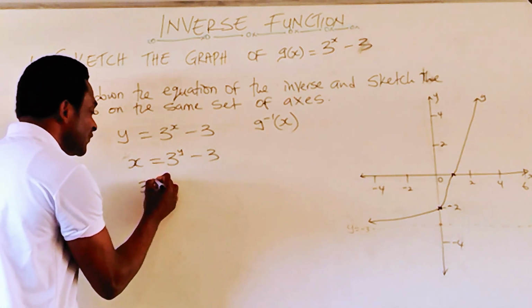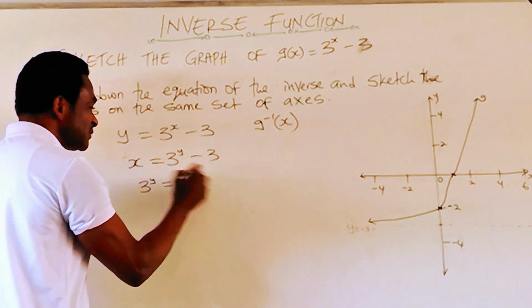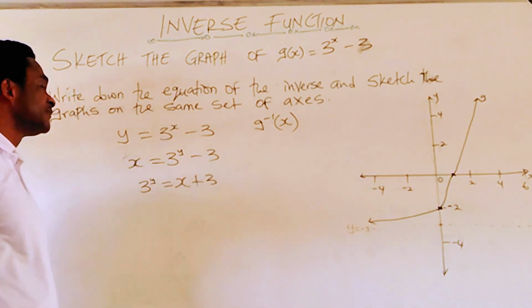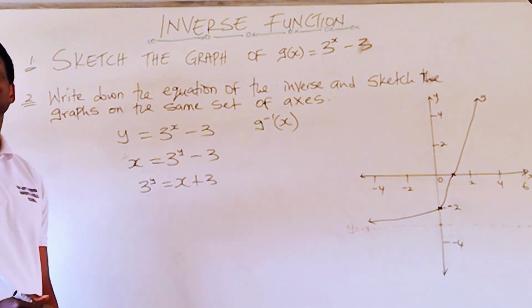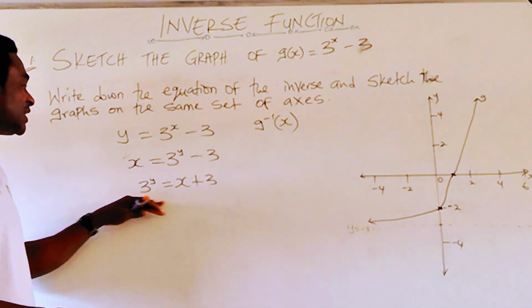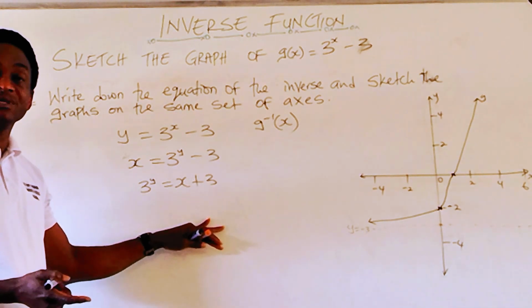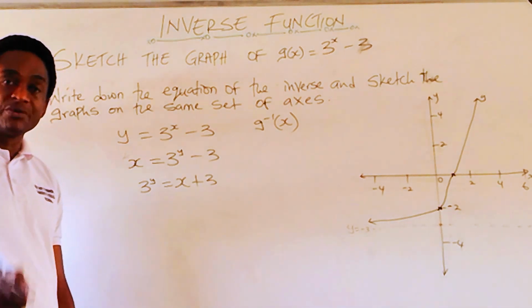So if we have 3 exponent y, we will have x plus 3 coming over. But we want y to be the subject of the formula, not 3 exponent y. So this is giving us an exponent which cannot be easily solved using exponents. That is when we go into logarithm.